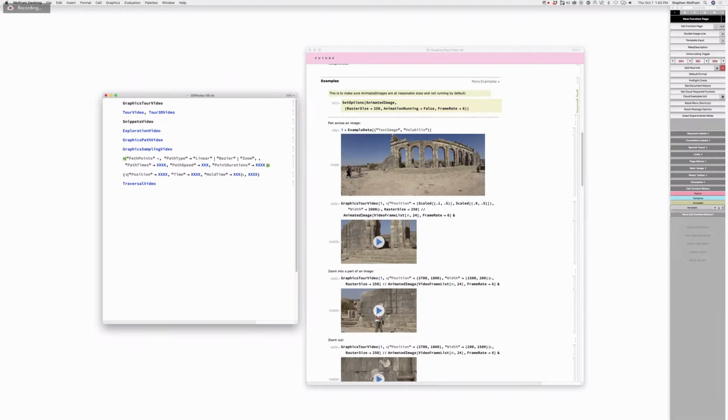Is there thought to make this work with animation or video? You mean with the background image being a video? Yeah, the way you do it in a movie, like a wide shot that you could zoom in on and pan across. By the way, you convinced me that we should make the name tour video, because otherwise it's graphics to a video and video to a video, if you understand what I'm saying.